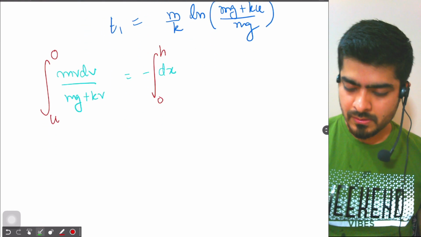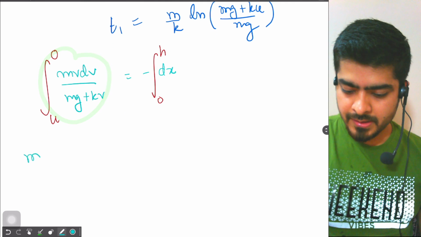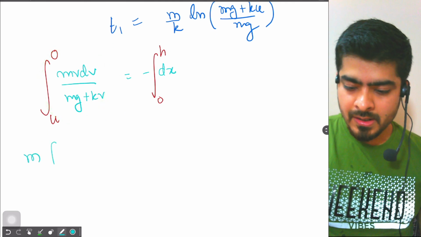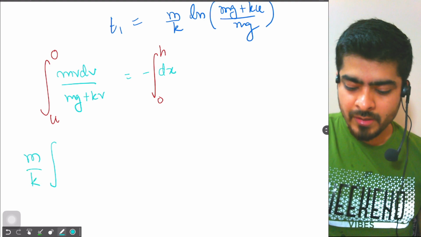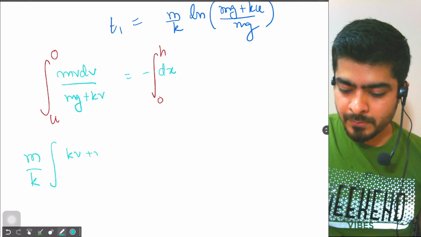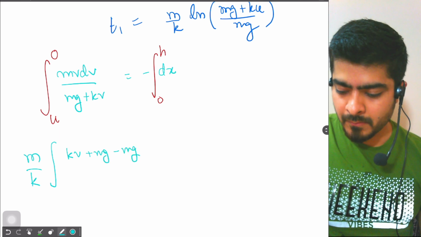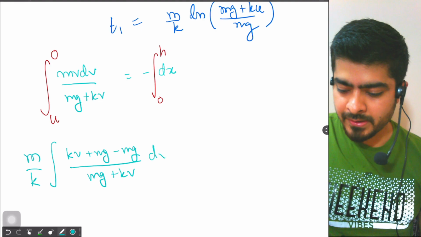So how do we integrate this now? Take m common, and we write m/k times (kv + mg - mg) divided by (mg + kv) dv.